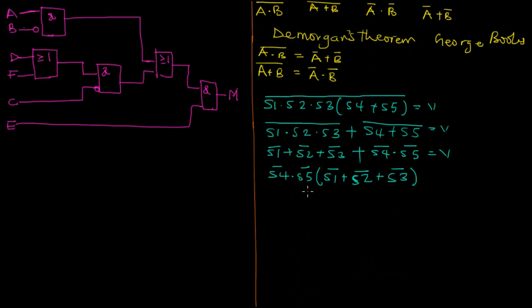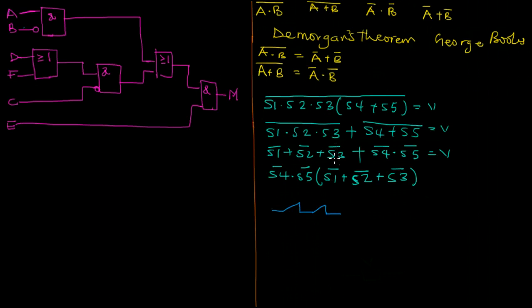So that's how we have to represent this in a normally closed format. So we have S4, a normally closed switch, in series, dot, remember from the first video, with S5, which is also a normally closed contact.